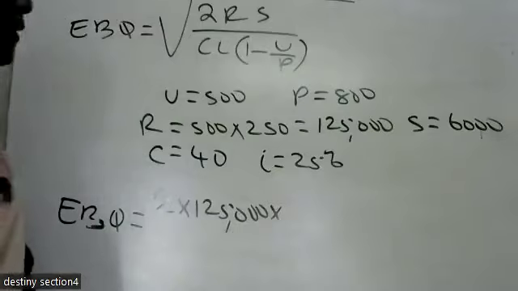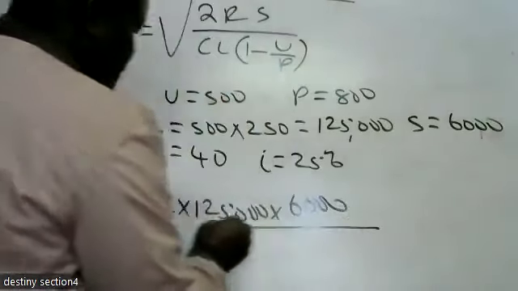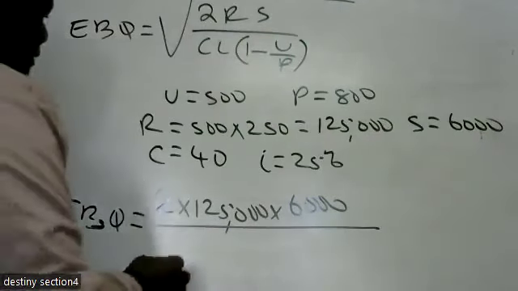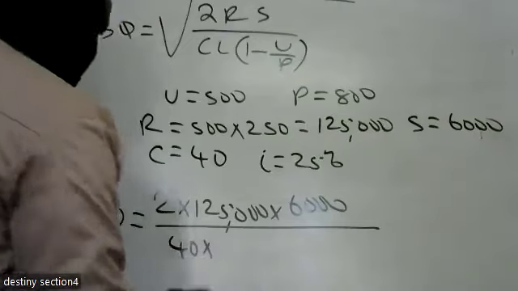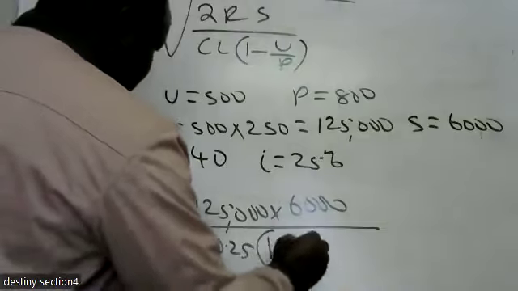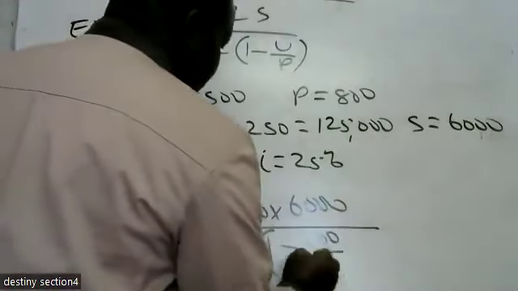Where there is S, it is 6,000. Then we divide by C, which is 40, I is 0.25, 1 minus 500 divided by 800.